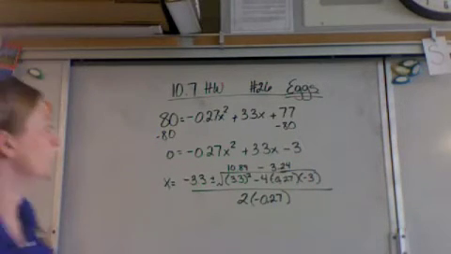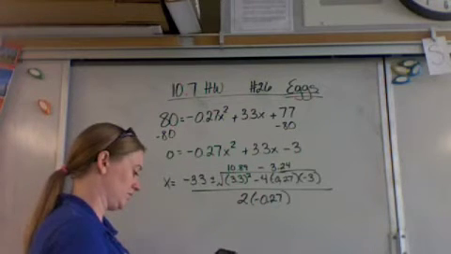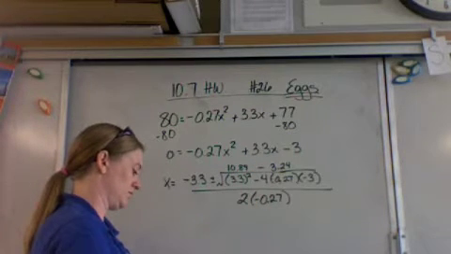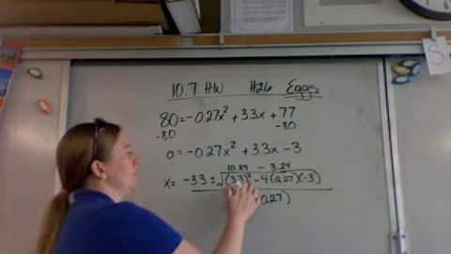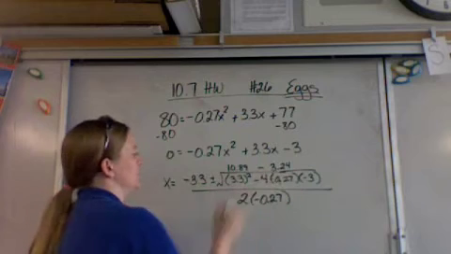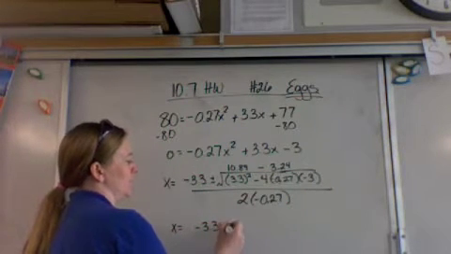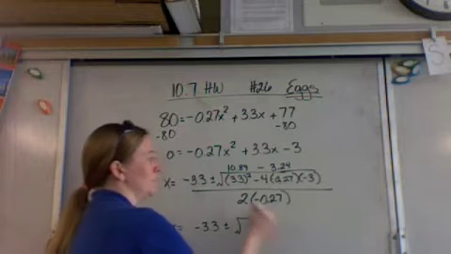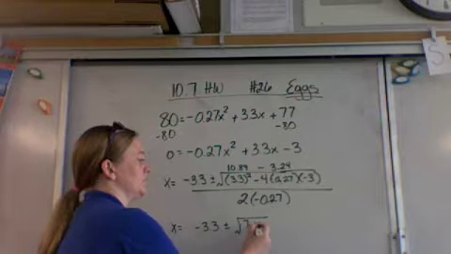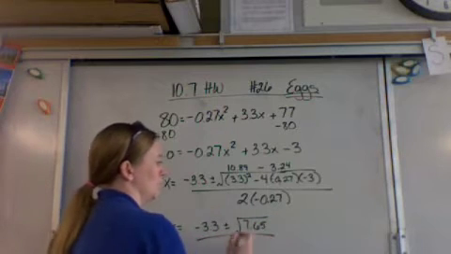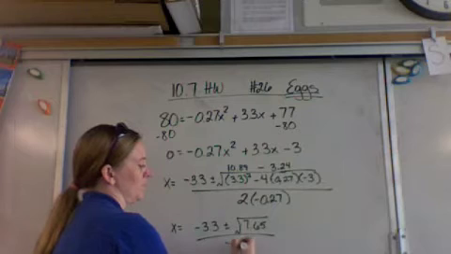Okay, what we want to do is take 10.89 minus 3.24. We get 7.65. So underneath this radical is 7.65. So x equals negative 3.3 plus or minus the square root. We haven't done anything with that square root. It's still there. And it's 7.65 over 2 times negative 0.27, which is negative 0.54.